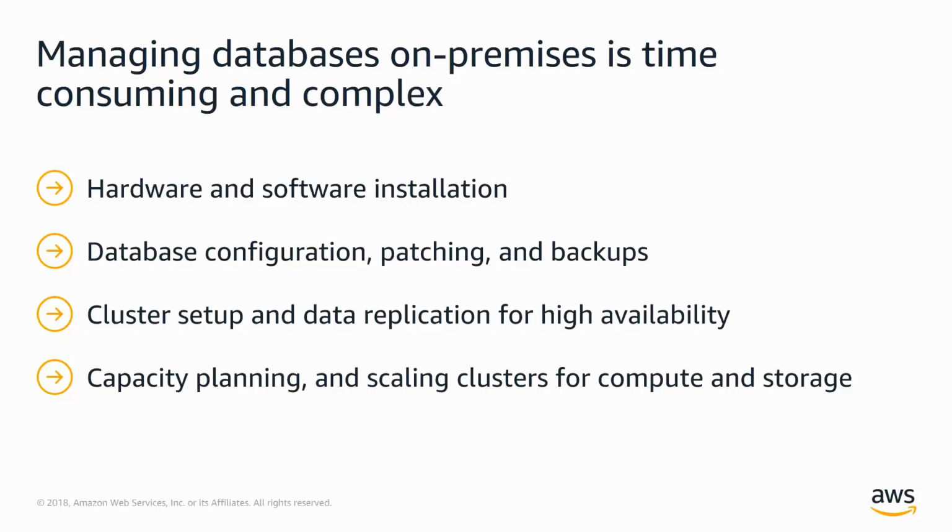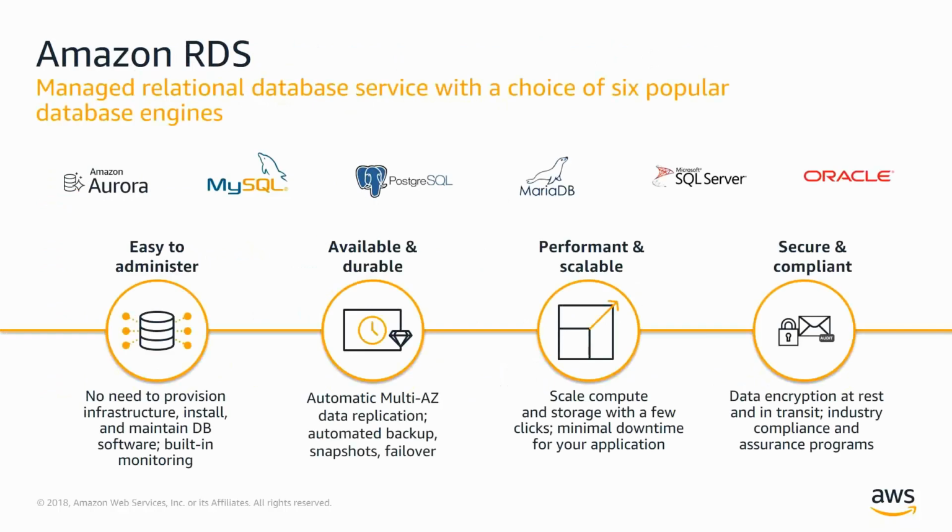We've talked a little bit about this as it pertains to Aurora, but the same thing applies for other engines as well. With RDS, we handle the hardware and software installation, the database configuration, patching and backups, cluster setup, capacity planning, all of that. You can see here that we support not only Aurora, which is our own engine, but MySQL, PostgreSQL, MariaDB, SQL Server, and Oracle.